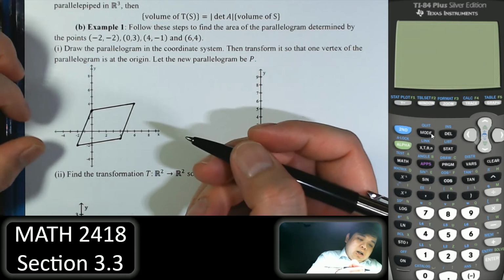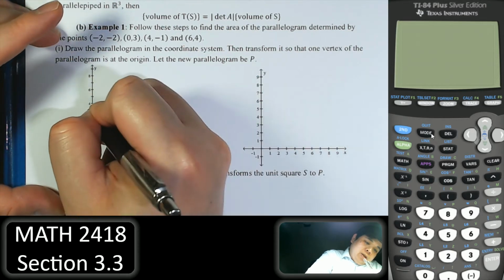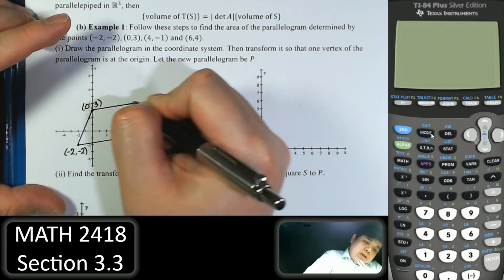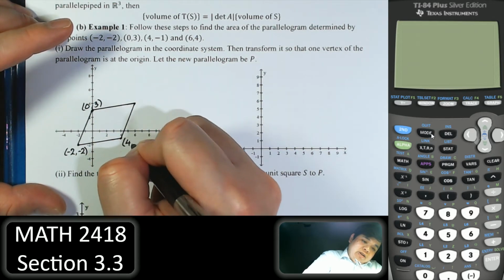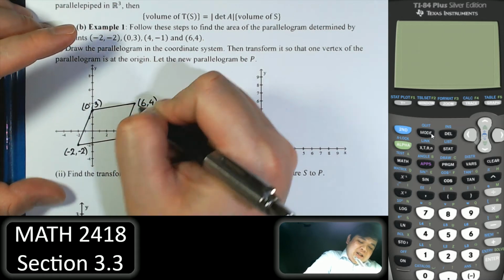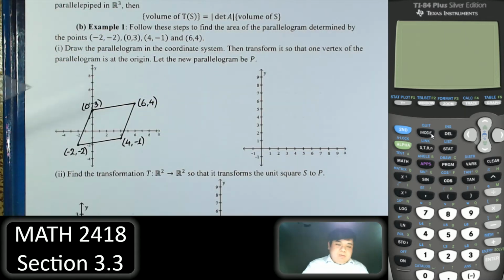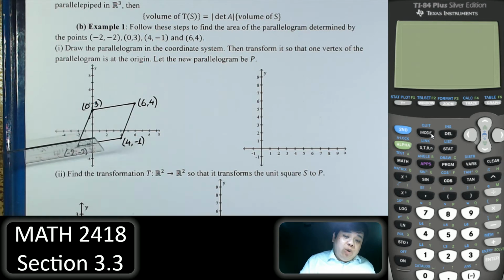Alright, so let's write the coordinates -2, -2, 0 and 3. These points are not given in clockwise or counterclockwise order, but regardless we have those points. So that's the first thing, draw the parallelogram. Now then transform it so one of the vertices is at the origin.